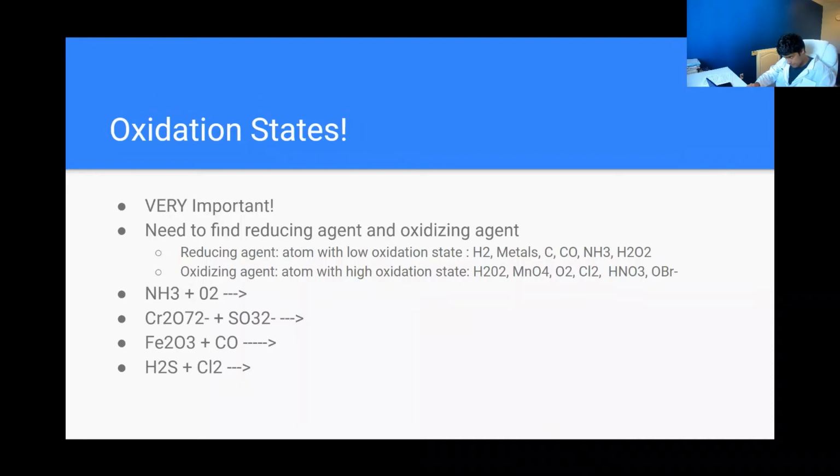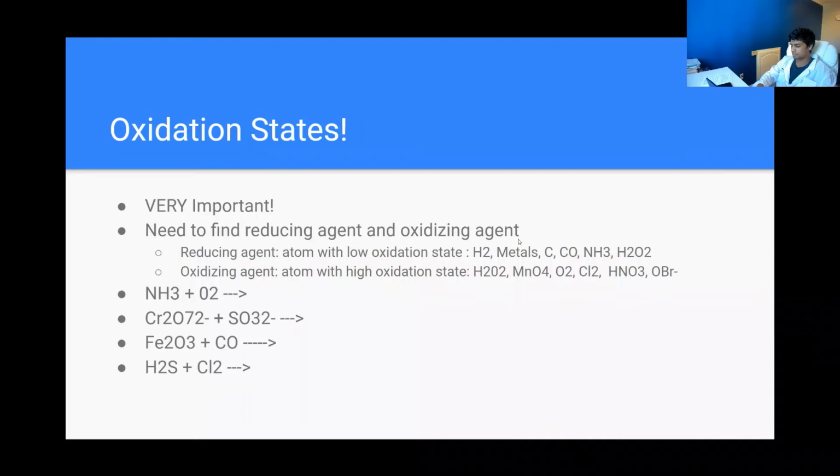These include H2, metals, C, NH3, H2O2. Low oxidation state means that the oxidation state could be higher. H2 has an oxidation state of 0. Metals are usually oxidation state of 0.